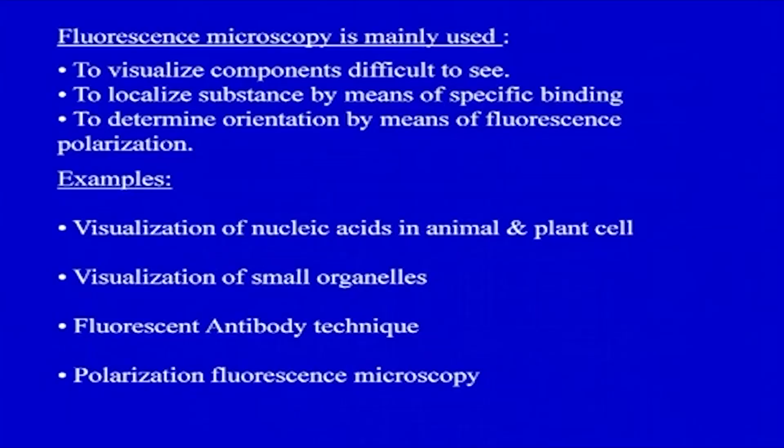Let us discuss some of the important applications of this technique. What is fluorescence microscopy mainly used for? One is to visualize components which are difficult to see. Then to localize substances by means of specific binding, and to determine orientation by means of fluorescence polarization.